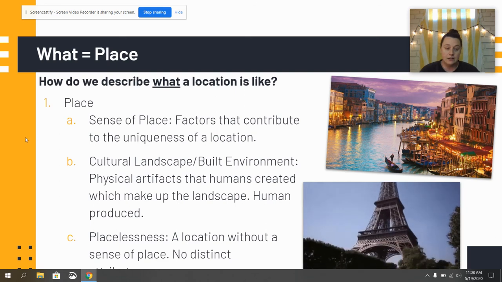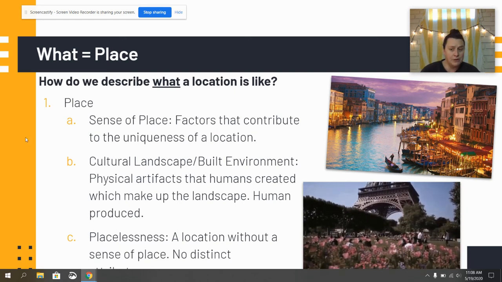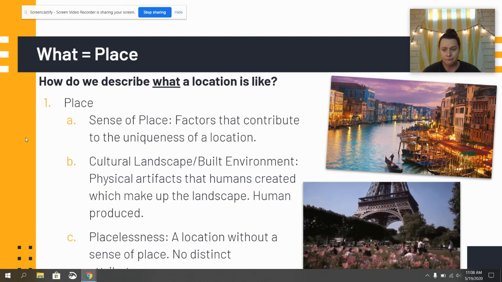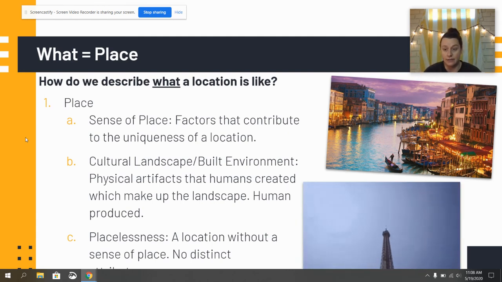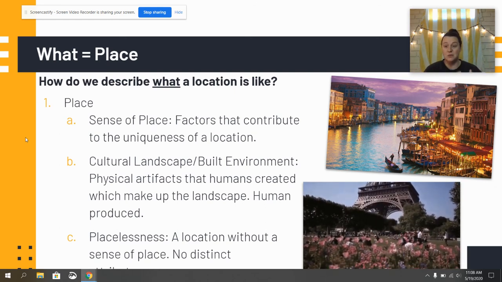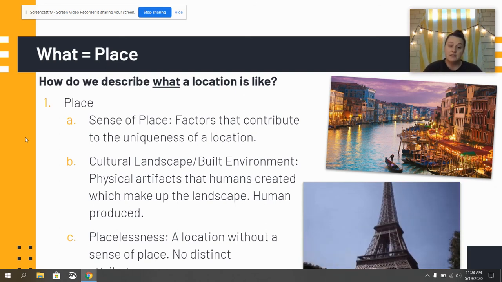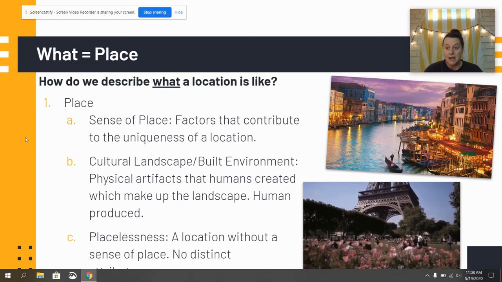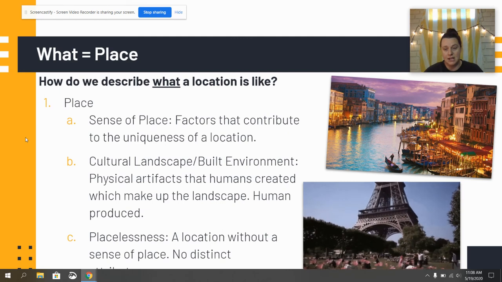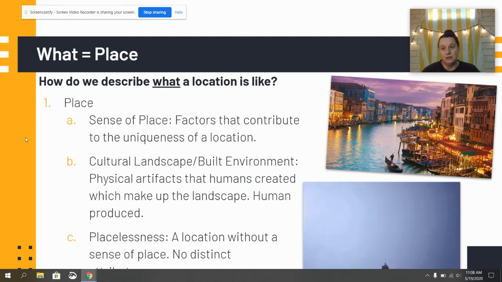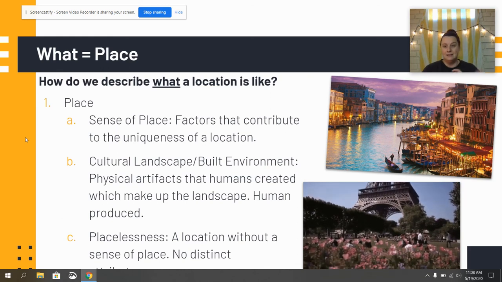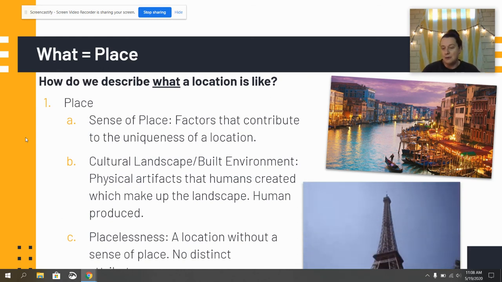The cultural landscape and the built environment are similar topics that work together. It's basically the physical things or artifacts that humans create, which make up what we see in a place, the landscape. You've heard of landscaping, when people are cutting the grass and planting flowers and bushes.